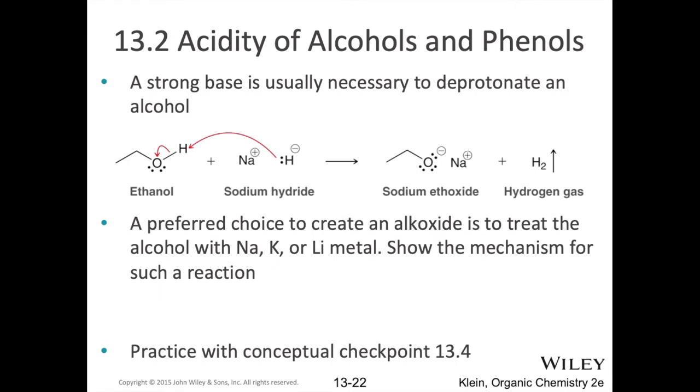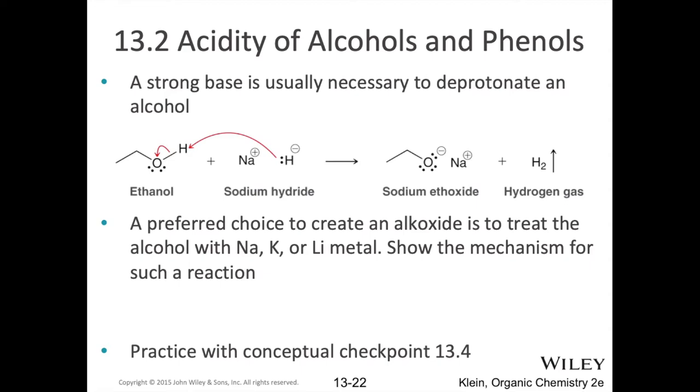Now, alcohols and phenols also have acidic protons. When it comes to general alcohols, the acidity of the proton is in a similar ballpark to water, somewhere around a pKa of 15 or 16.